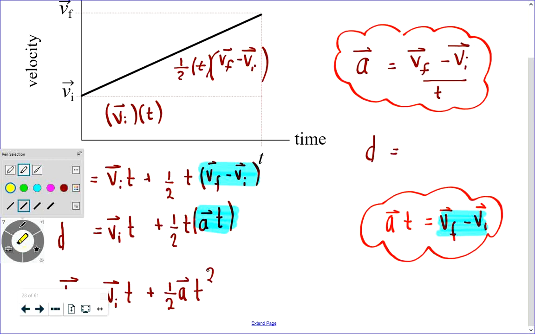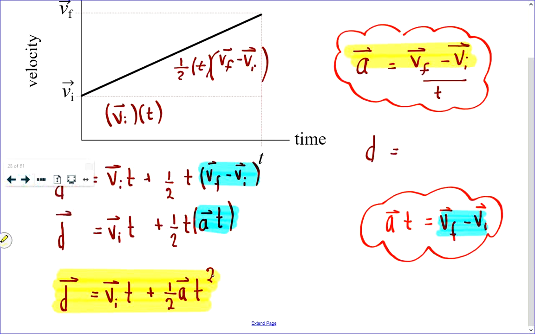What I have is this equation that we have developed, and I have this equation, which we've kind of developed, but it's just really a formula based on a definition. So I have an equation in the top right corner that connects A, Vf, Vi, and T. And I have an equation down here that connects D, Vi, T, and A.